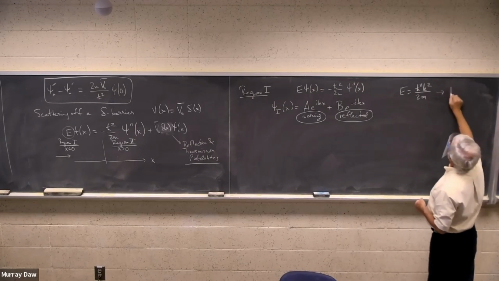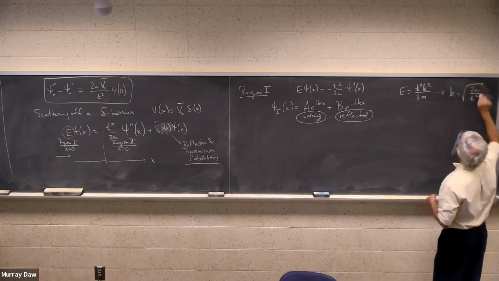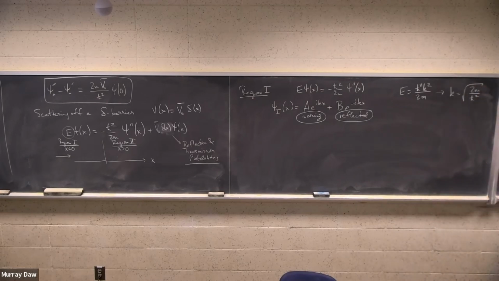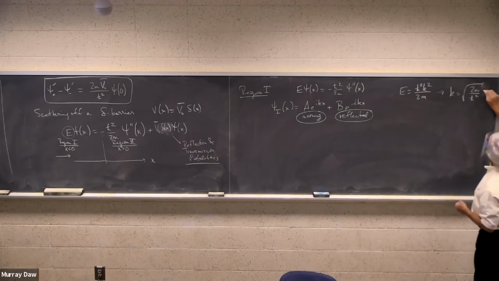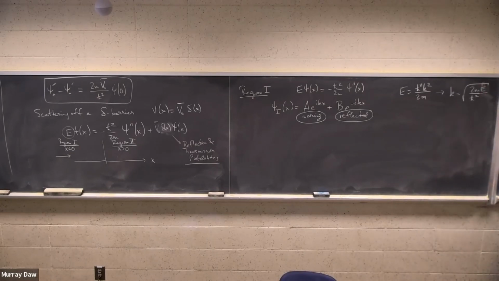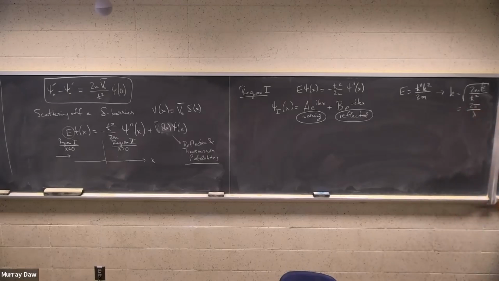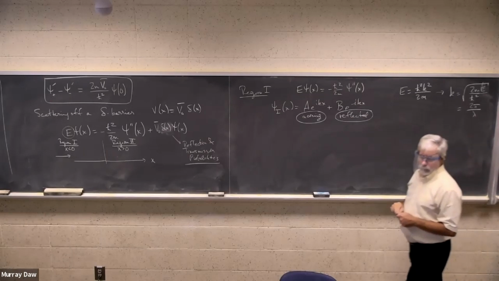So k then is going to be the square root of 2mE over h bar squared. Remember, k is like the spatial frequency. It's inversely related to the wavelength of this particle. Okay, so far?